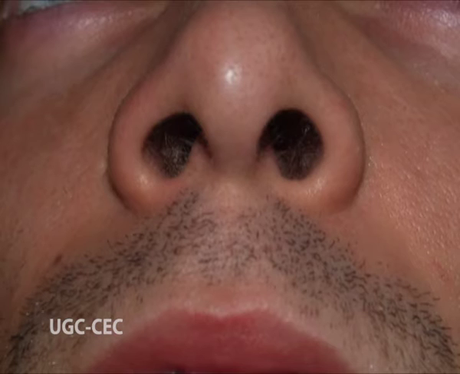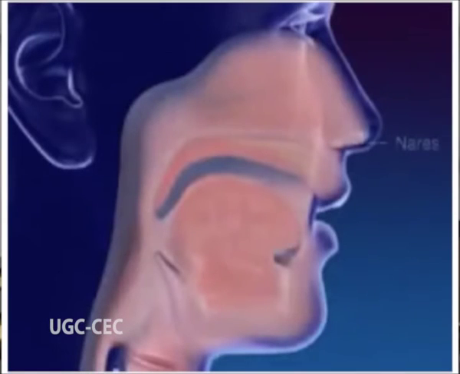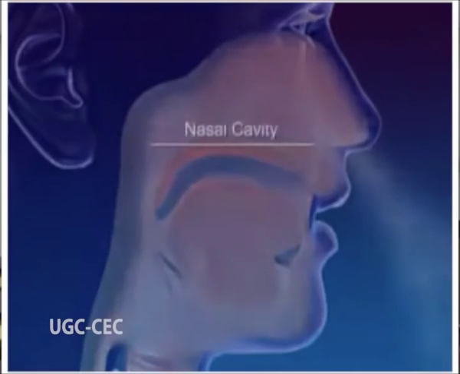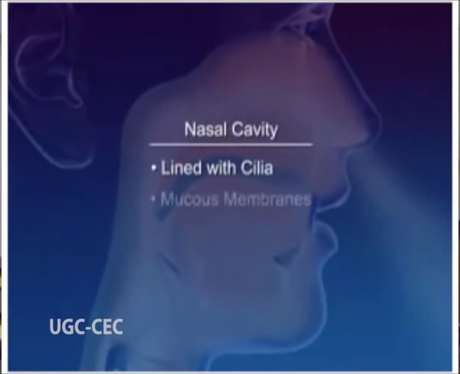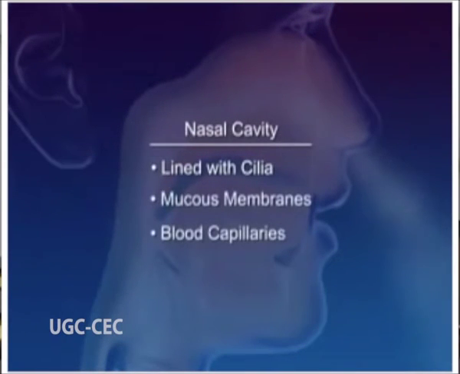In the process of respiration or breathing, air first passes into the nostrils, where it is filtered by the nasal hairs and warmed and humidified in the nasal cavity and sinuses. Most dust, microbes, bacteria, etc. are filtered from the inhaled air.